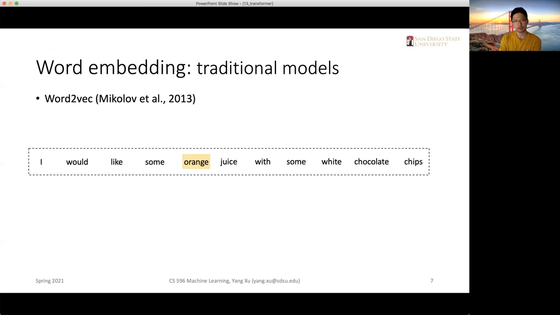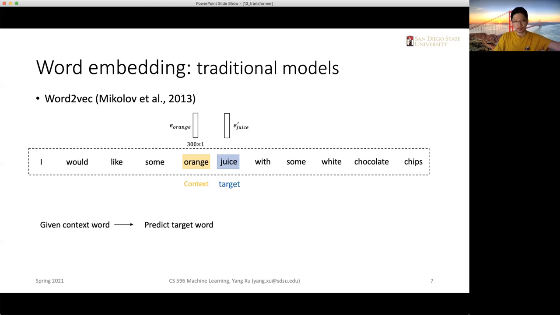Okay, so in word2vec, we use the word orange, for example, as the context to predict the target word within a short window. Each word is converted into an embedding vector, a 300 by 1 vector.